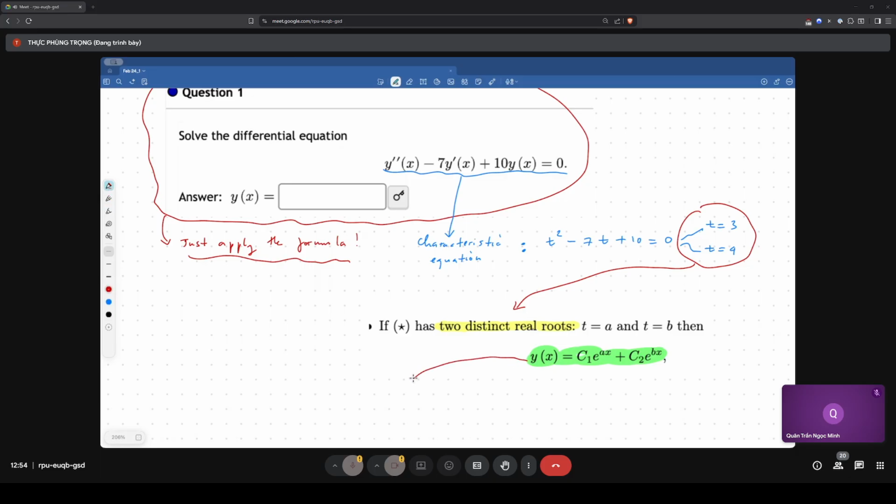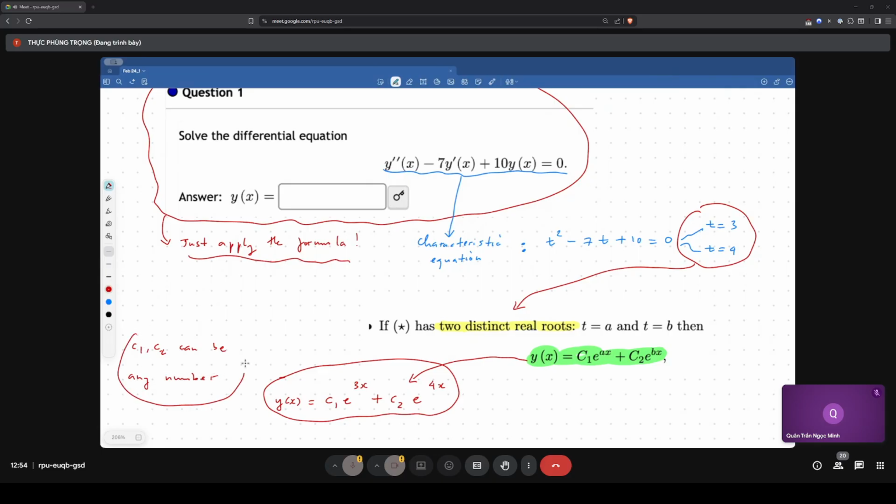So very quickly we get the answer. y is C1 e to the power 3s plus C2 e to the power 4s, where C1, C2 can be any constants, any numbers.